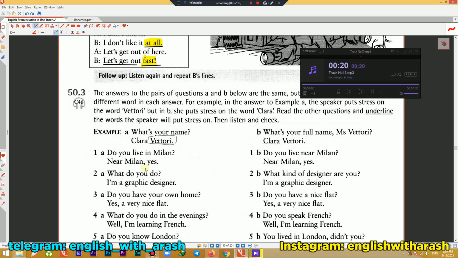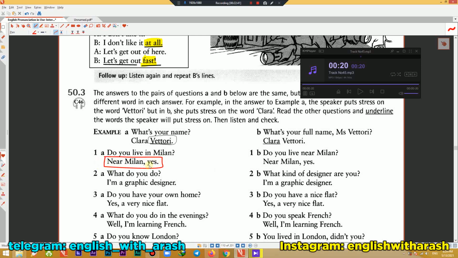It says near Milan, yes. So which word is stressed? What can you guess? I mean, A is okay. We want to underline one word in the second line always, in the answer. We want to say, which word do you think is pronounced louder?